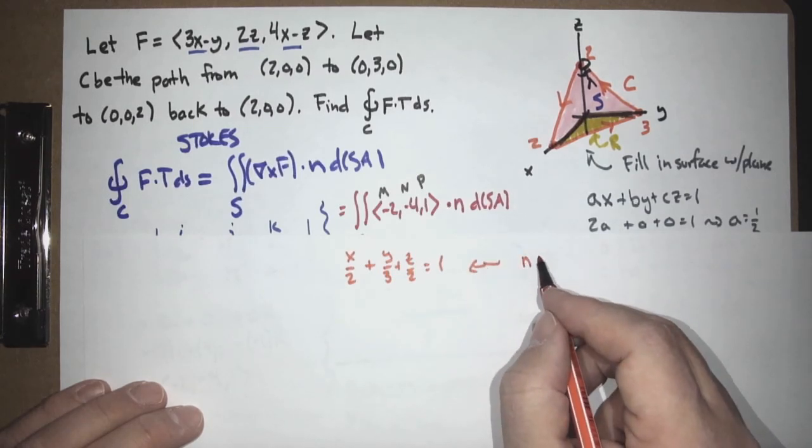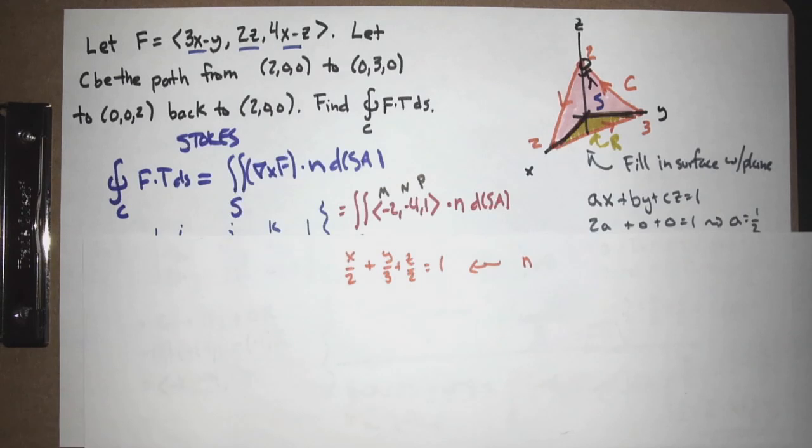n. Now you have to be careful here. But let's just start with baby steps. What's a normal vector? Right. So to this plane, how do you read off a normal vector to a plane? Coefficients.